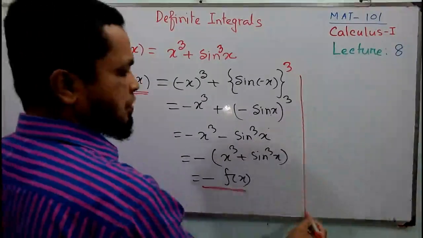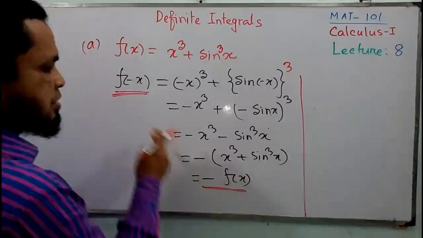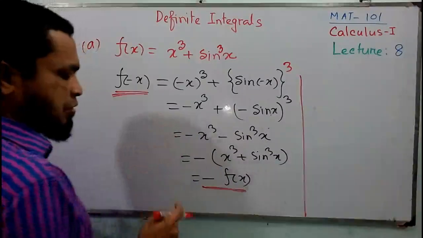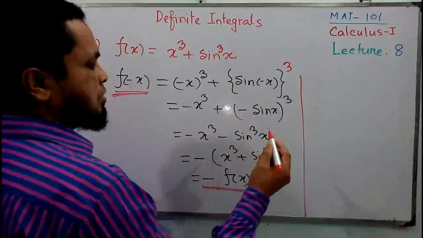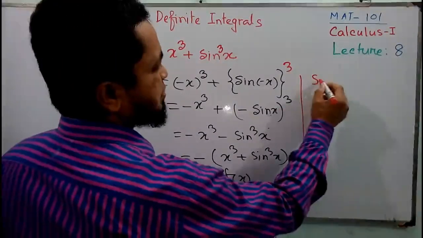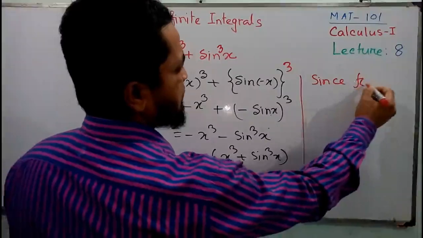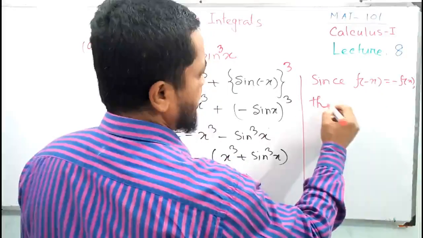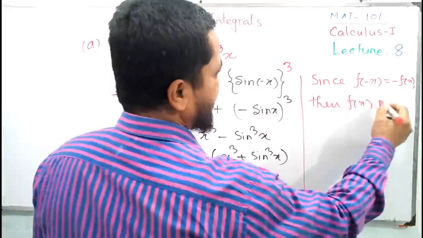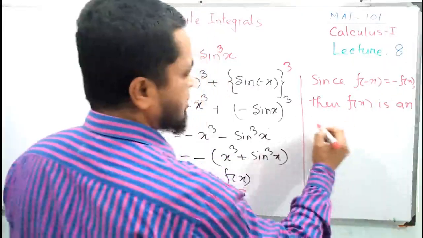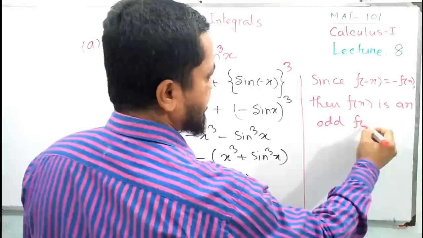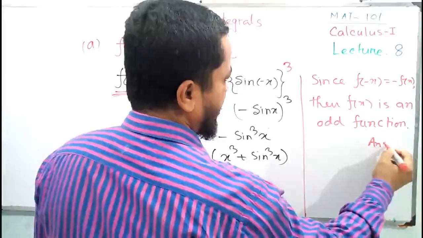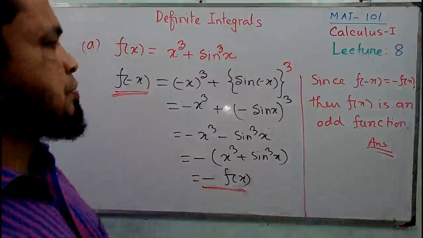According to the definition of odd and even functions, which definition does it support? Is it an odd or even function? According to the definition, since f of minus x equals minus f of x, f of x is an odd function. I think all of you can understand the problem.